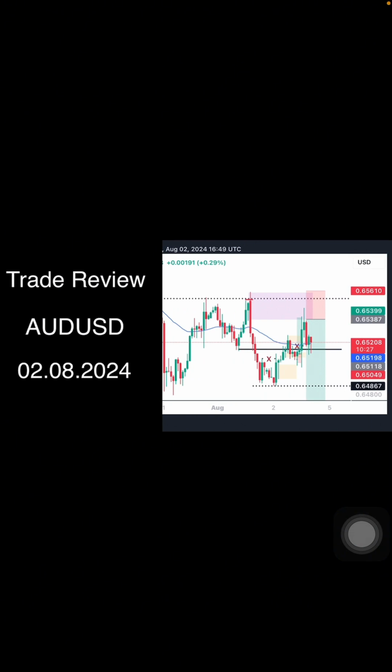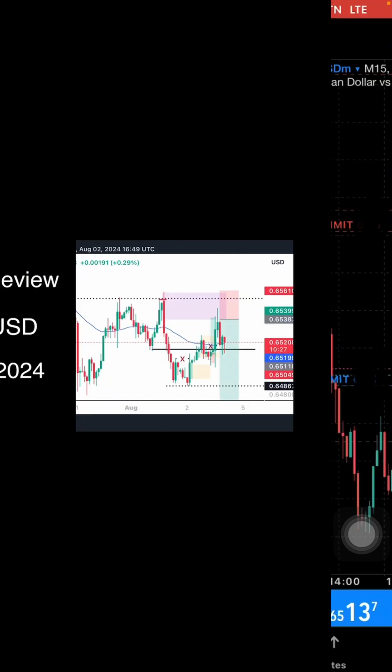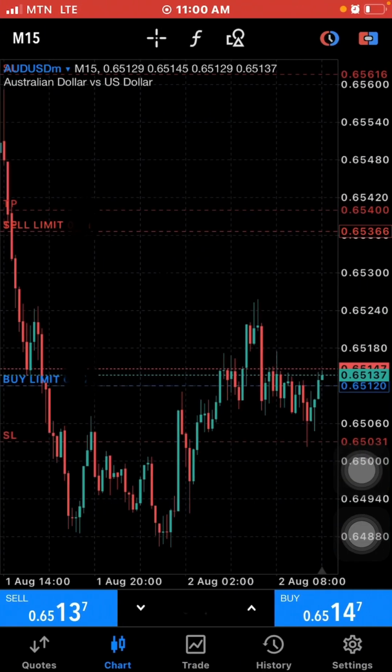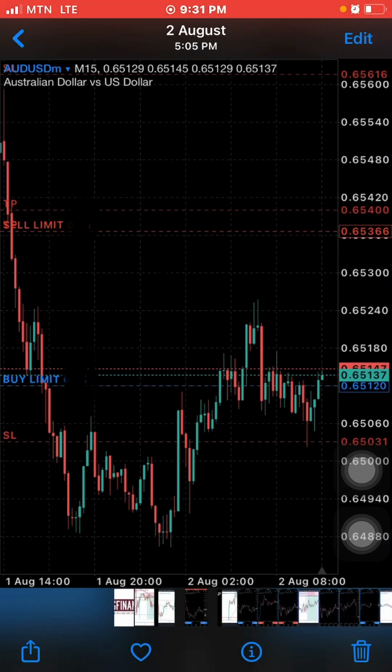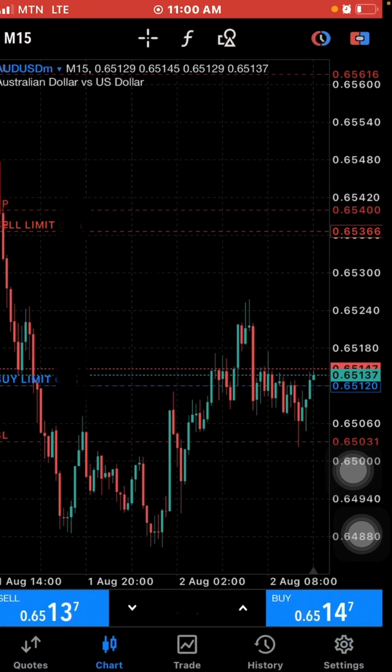And on the 2nd of August on AUD, we caught a buy, then we caught a sell. So here is the buy on that trade. As you can see, I set a buy limit order, so we had the entry, the stop right beneath, and we were targeting, I think, 1:4 or 1:3. So these are the entries.